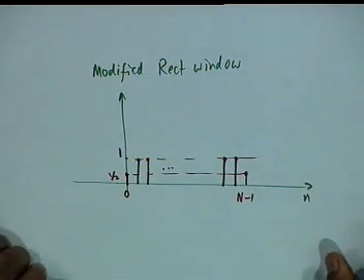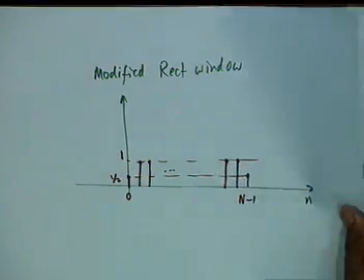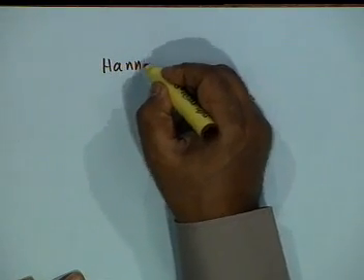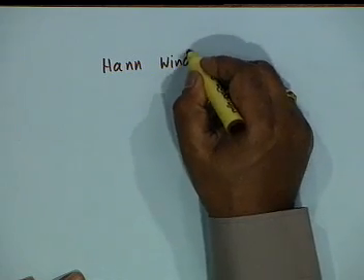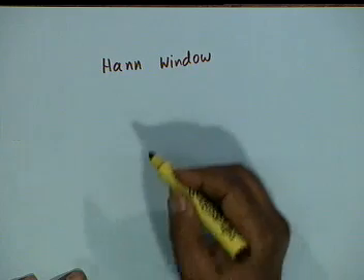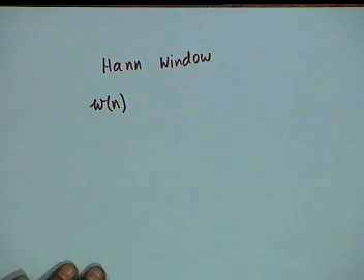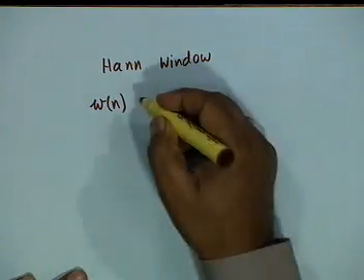The next window that we talk about is the Hann window, H-A-N-N. The Hann window is a smooth window, with no abrupt discontinuities.